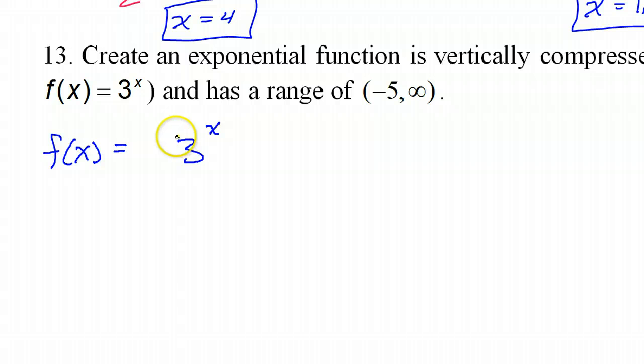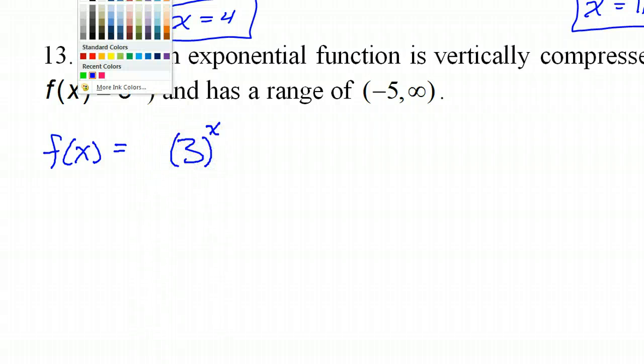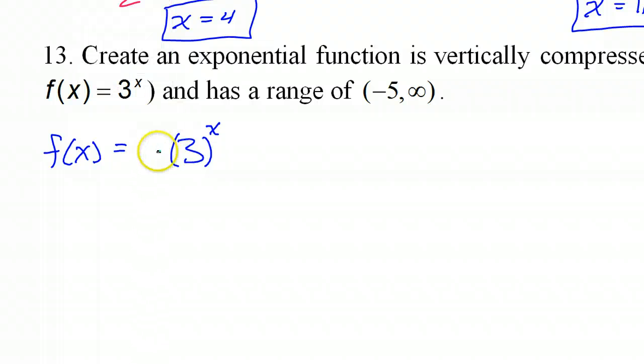I'm just going to put parentheses around it to make the a value stand out. So, for example, I could put a 1/2 right here. But you could have anything that's less than 1. 1/2, 1/4, 2/3, 0.7, whatever you want. So that takes care of the vertically compressed part.